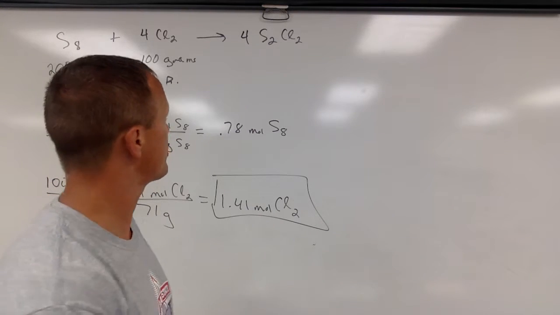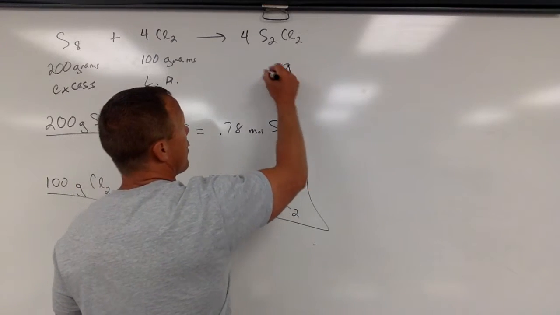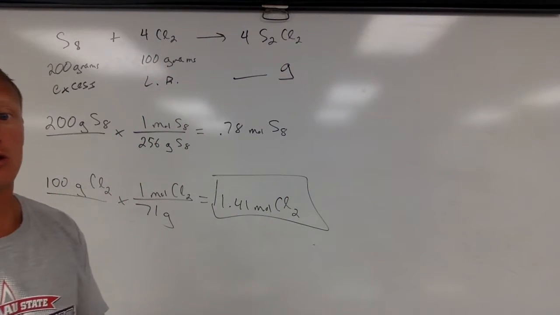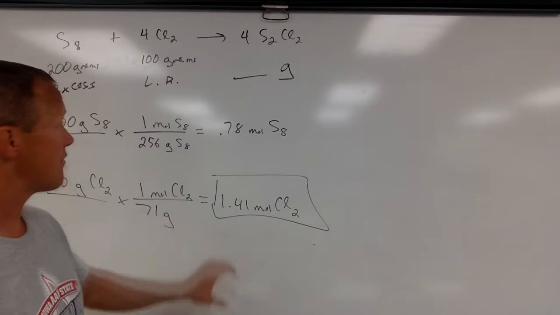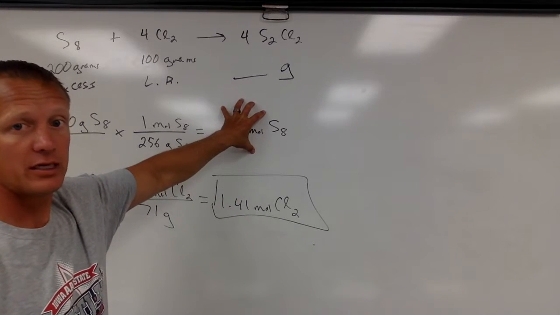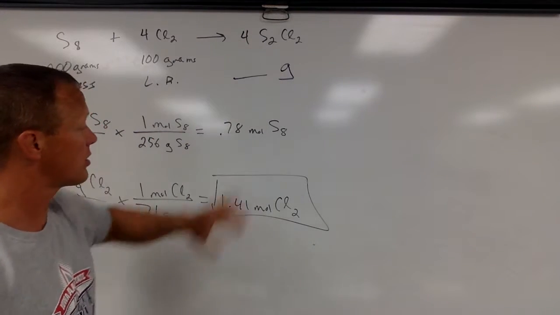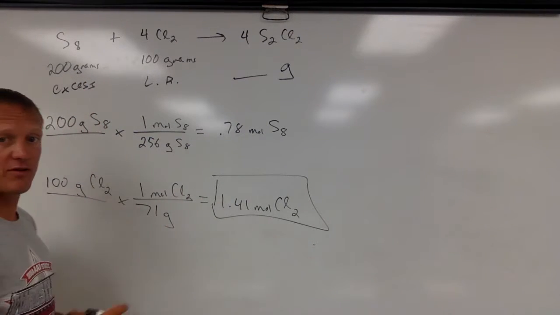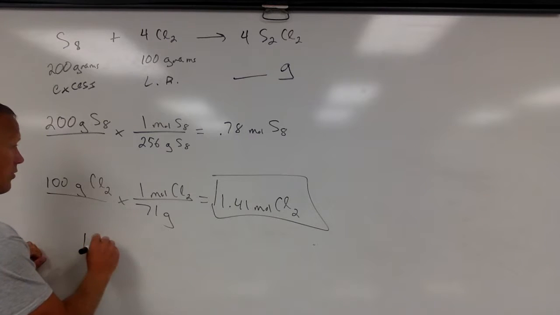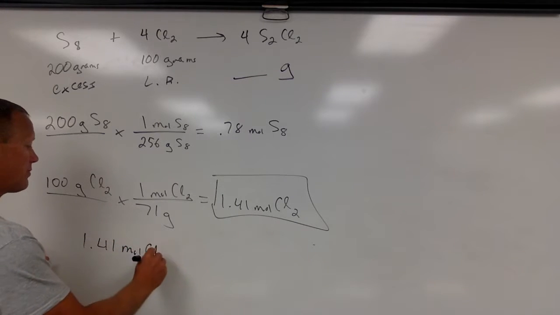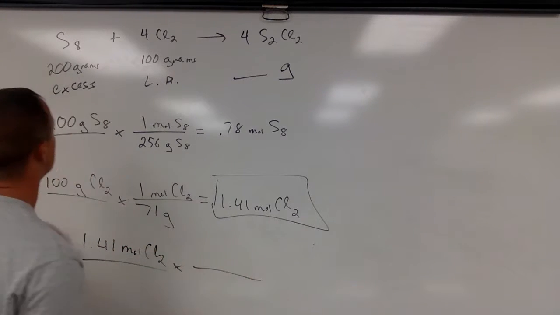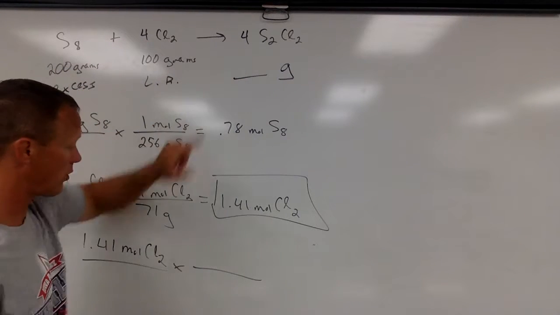So next question is, what mass of this would be produced in the reaction? Whenever you're doing stoichiometry, never start with your thing in excess. If you do that, you're going to get too much of the other things. So start with your limiting and work to that. And I could start with grams or with moles. It's going to be faster to start with moles. So I'll say we have 1.41 moles of chlorine. Mole ratio is 4 to 4.